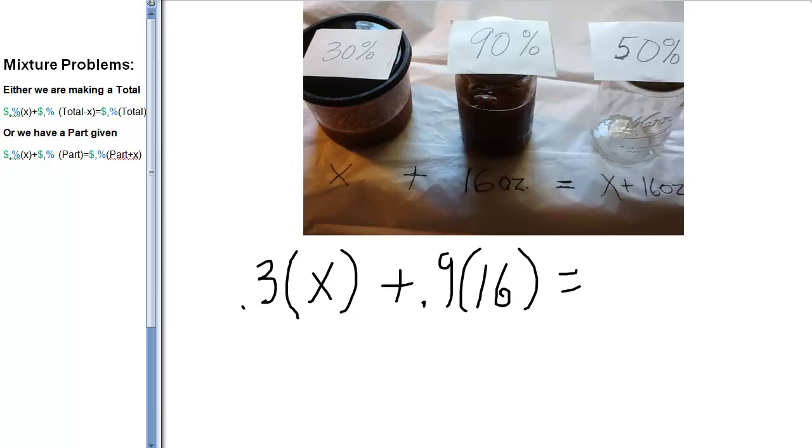Note that on our vessel on the right, we now are going to put X plus 16 ounces, and that being an amount is in parens, and that when we solve this and put the right amount of the 30% in, will give us a 50% solution. I hope that helps.